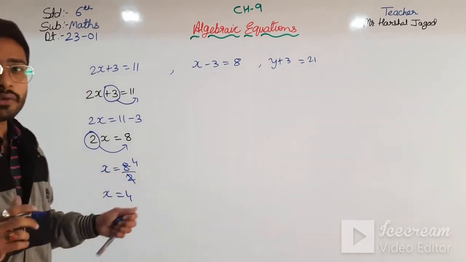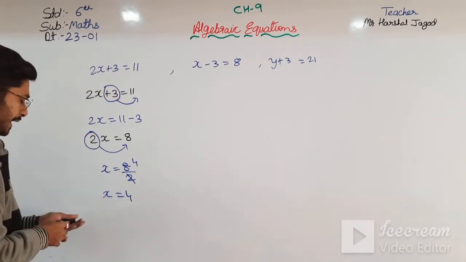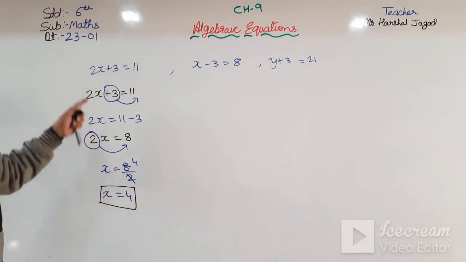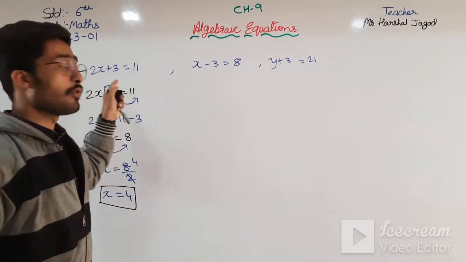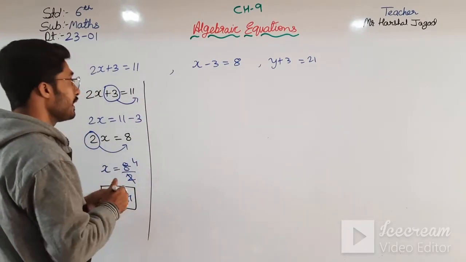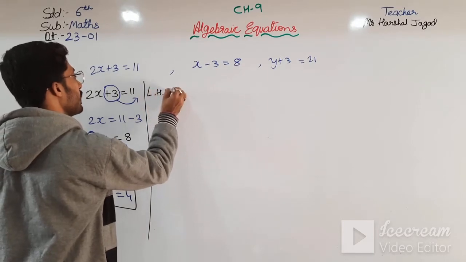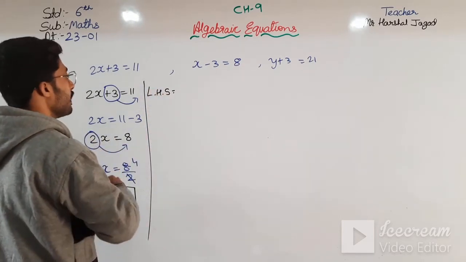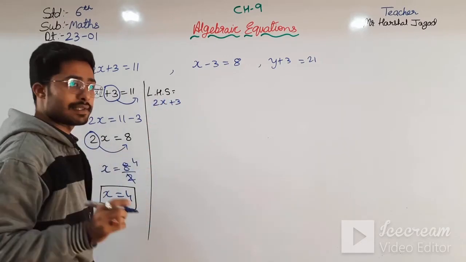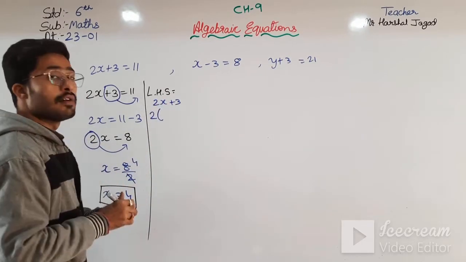And here you can see, if I put the value of x equal to 4 over here, then let us see what we get. So here LHS is equal to 2x plus 3, and here we have to put the value of x, that is 4.